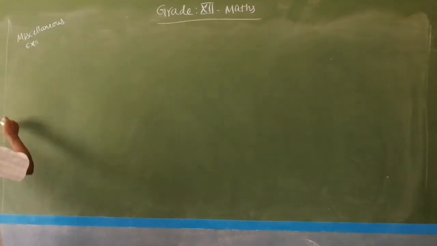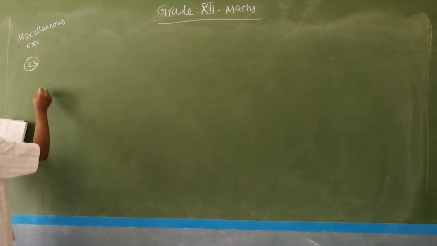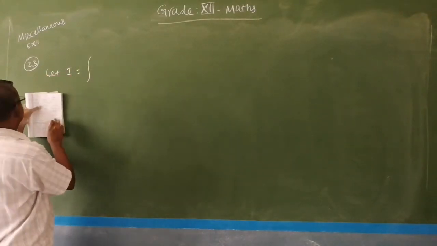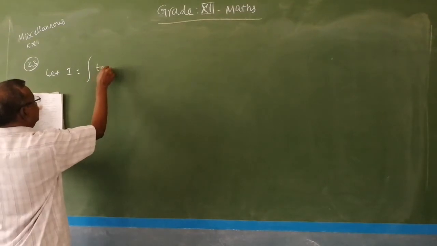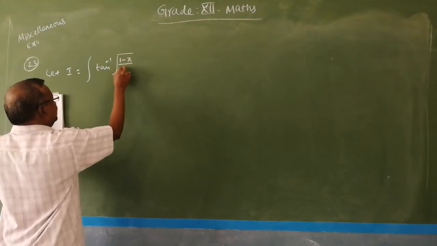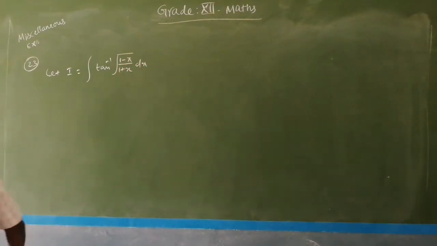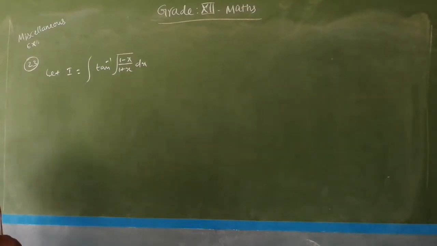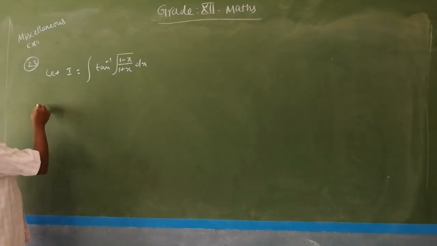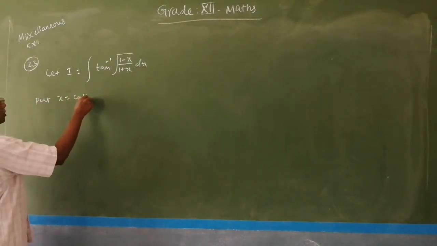Next, question number 23. Let I equal to integral of tan inverse of root of 1 minus x divided by 1 plus x into dx. So we have to substitute x for cos t, put x equal to cos t.